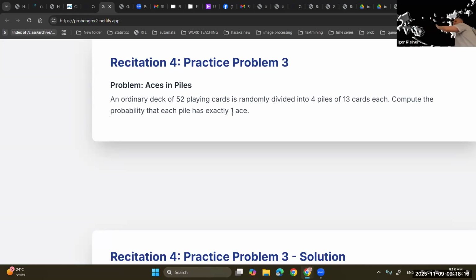This is the multiplication rule, the chain rule from the lecture notes. We are going to use it now.